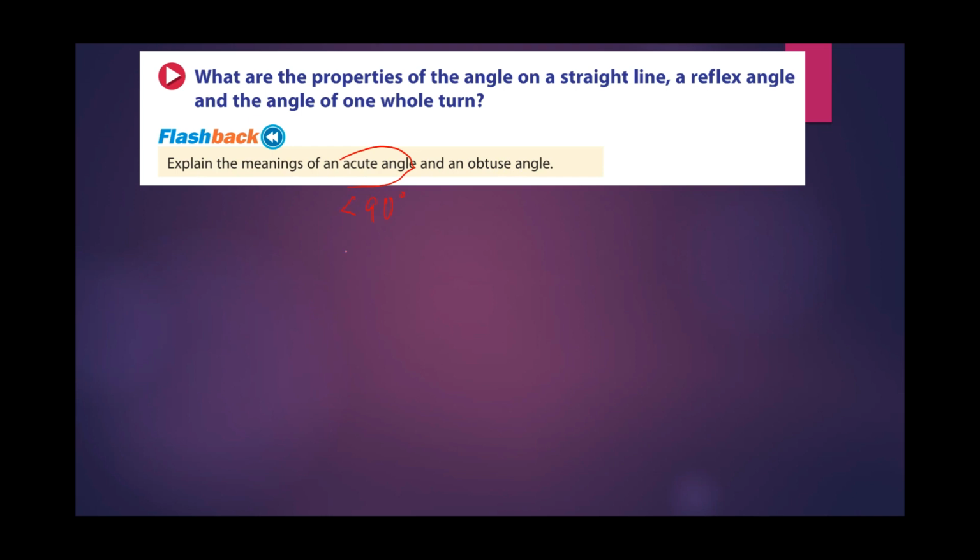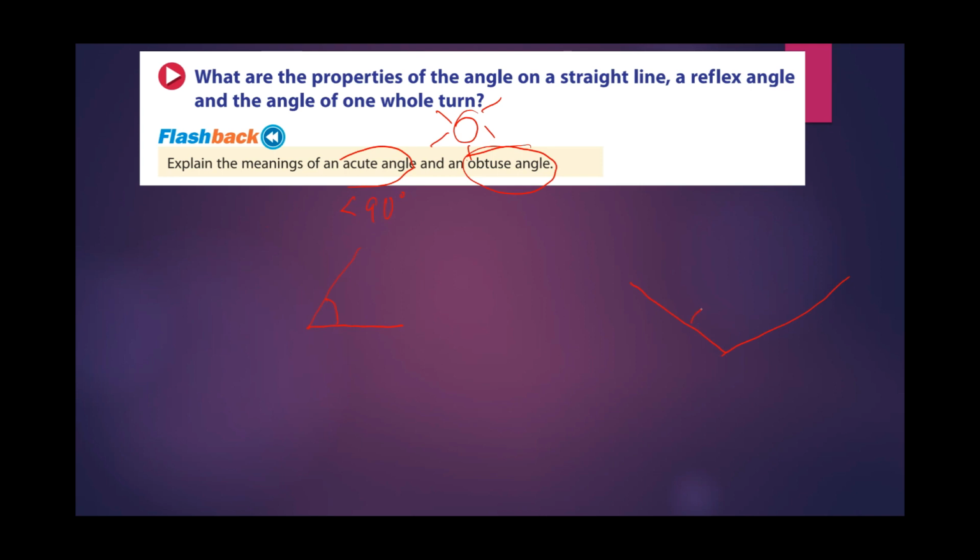Obtuse angle, if you still remember, it looks like a letter O, obtuse, O, the sun coming out from the mountain. So the angle is greater than 90 degrees.